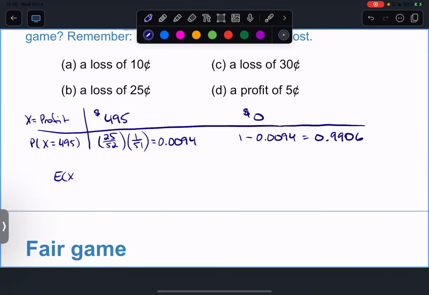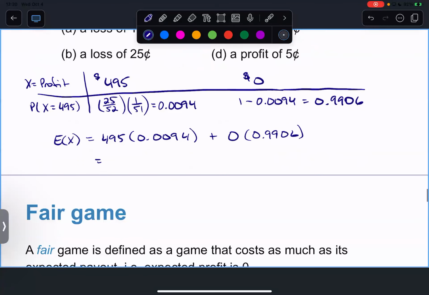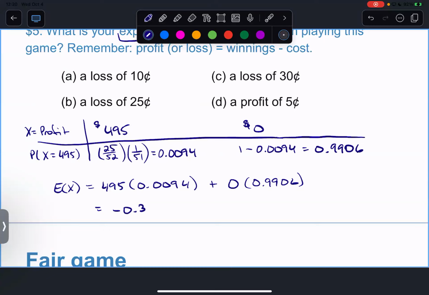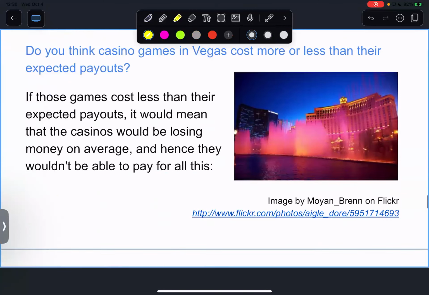The expected value of X is 495 times the probability 0.0094 plus 0 times 0.9906. And we get, stealing from here, and I hope I took the right one. Negative means a loss. So a loss of 30 cents. I think it's the last slide.